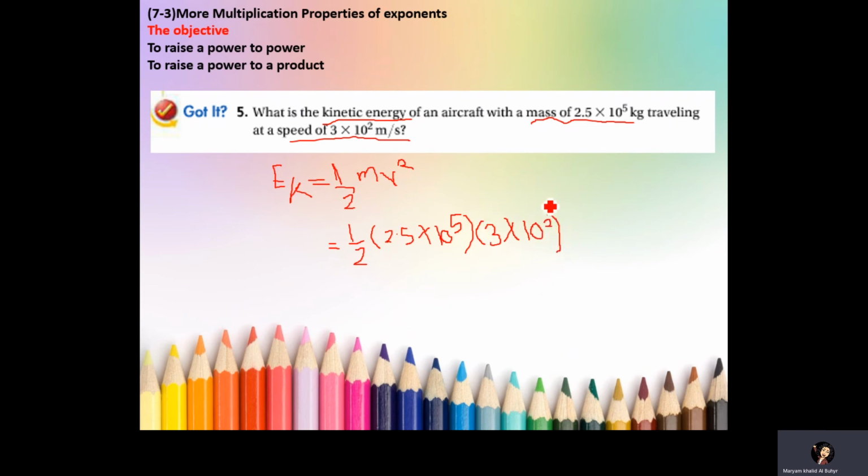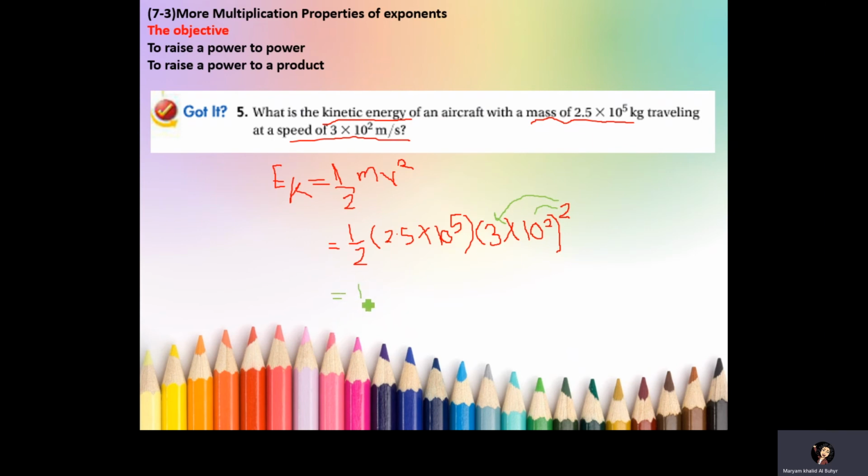Please don't forget to raise all this to the power 2 because that's from this rule. That's from the rule, this 2. While this 2, it's given here the value for this number. So all your job now, you are going to distribute this power before you do anything so you can work on the rest. Remember the order of operation.